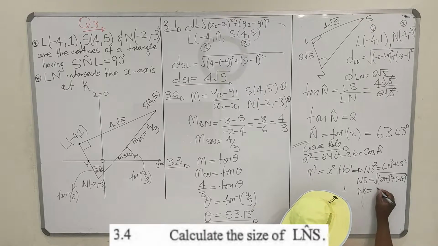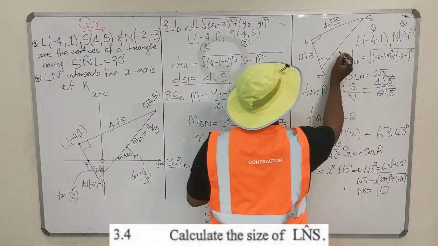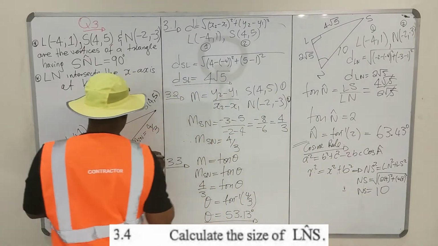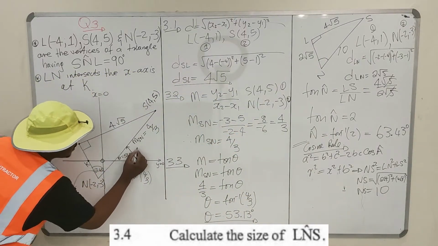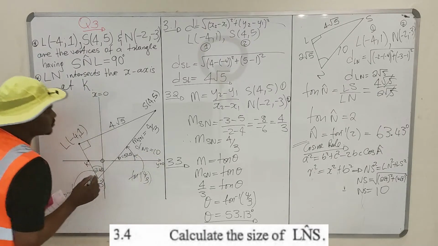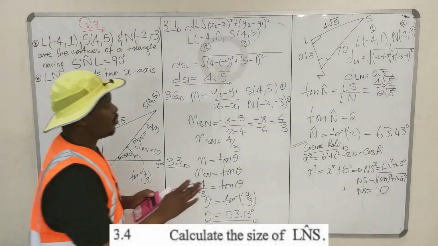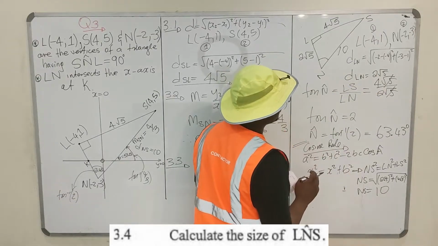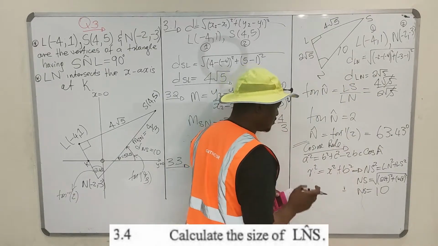So NS is equal to 10. So we know that this side is equal to 10 units, which is the same side as this. NS is equal to 10 units. So you have all the sides now, right?